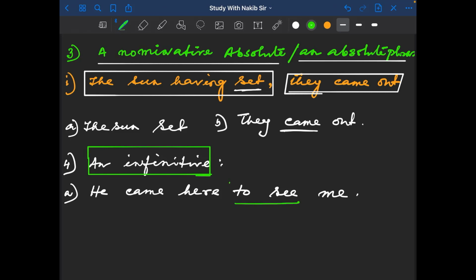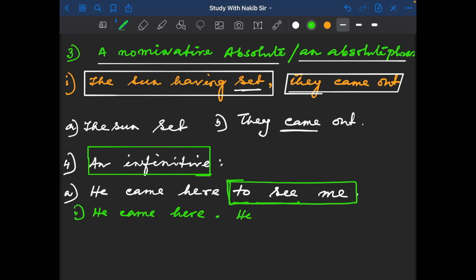Okay, so to see me, this is the purpose, you know. So he came here, cut this part and write first. He came here. Okay, stop. Why?